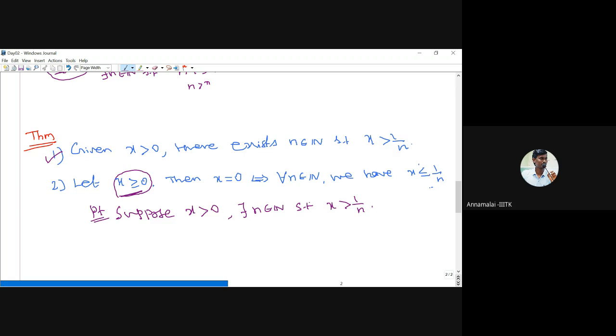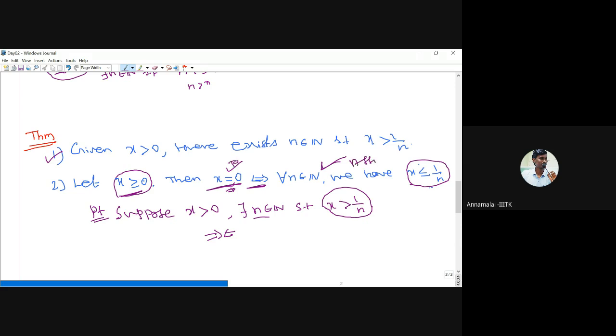We first assume this and have to prove this, right? So we assume that x is less than or equal to 1 by n for all n. We have to prove x equal to 0. Suppose x is not equal to 0; now we get this one, but we know that x should always be less than or equal to 1 by n. But here we get x greater than 1 by n for some n, which is a contradiction to our assumption.